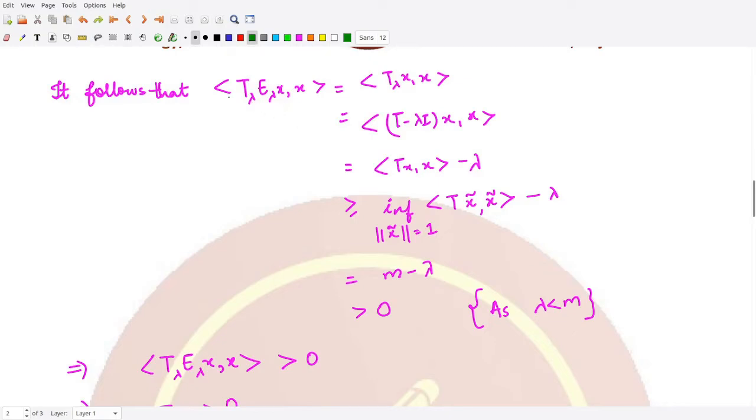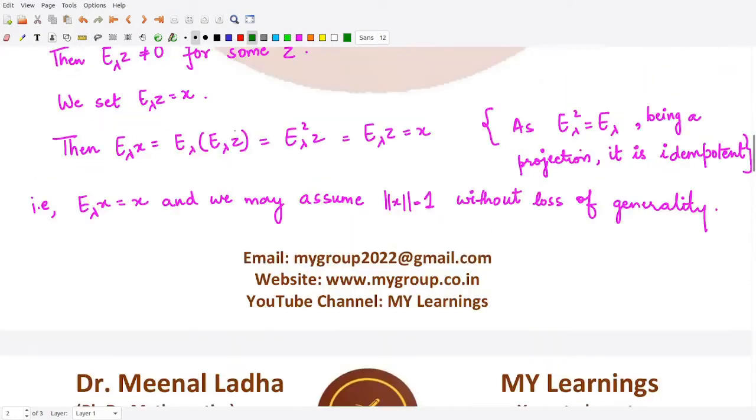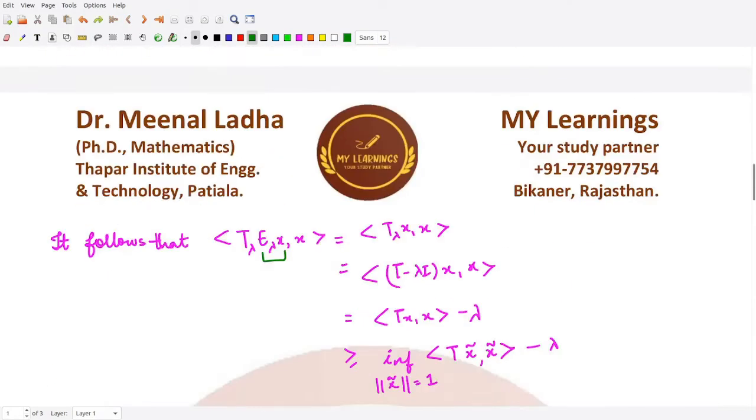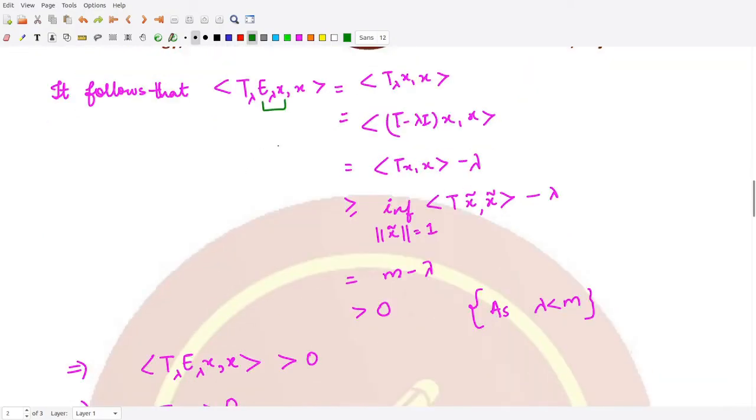So let's consider the inner product of T lambda E lambda x with x. You know what E lambda x is? We have just shown this to be equal to x only. So let's substitute the value here. So this E lambda x is equal to x. Now you can open up this T lambda. It is T minus lambda I. So you could open up this inner product using the properties of inner product. It is the inner product of Tx with x minus lambda.